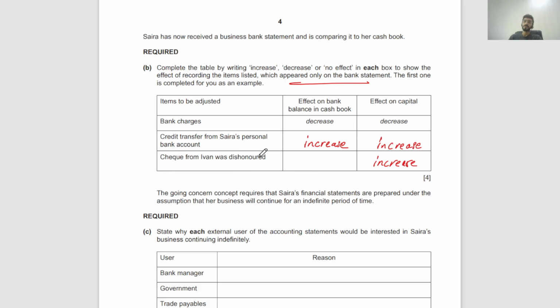Check from Ivan was dishonored, and so of course your bank will go down because previously you assumed the money came in, but now you're reversing the transaction, and so basically it's like money went out again, right? You thought it came in, but it actually now goes back out, so decrease. Fine. This one's slightly tricky. I've never seen this before, but when a check is dishonored, the whole transaction is reversed. The discount allowed is just cancelled, right?